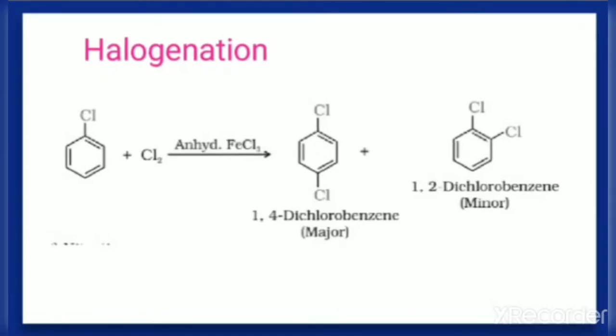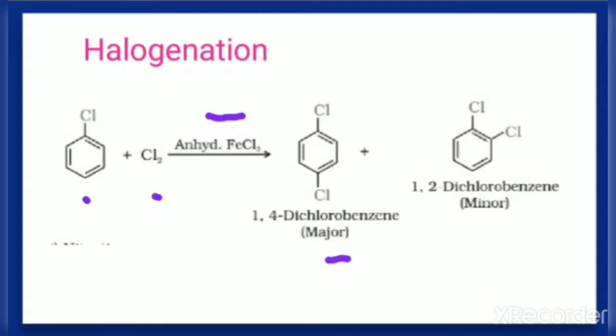This reaction takes place by reacting haloarenes with halogens in the presence of ferric salt, which acts as a catalyst. Here anhydrous FeCl3 is used as a catalyst. So when the reaction takes place, two products are obtained, one major and the other minor.